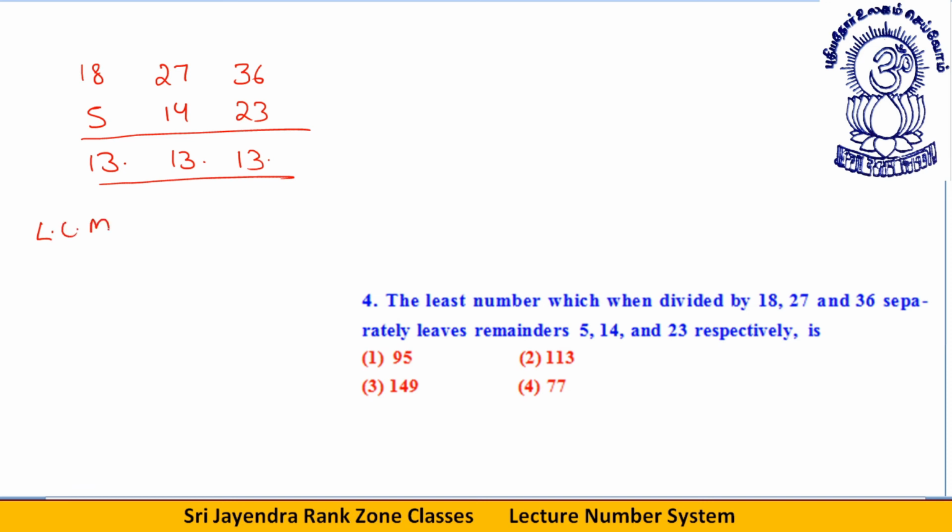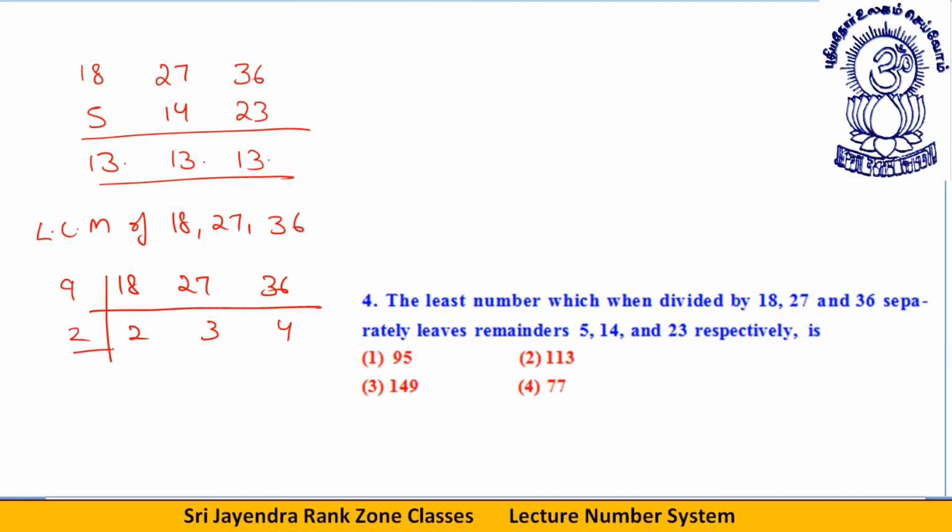LCM of 18, 27, and 36. See, let's take it. I can directly divide by 9. What you get? 2, 3, 4. Again divide by 2. 1, 3, 2.